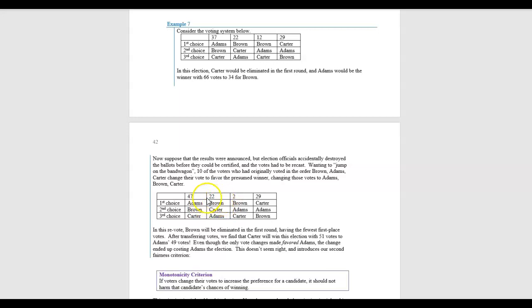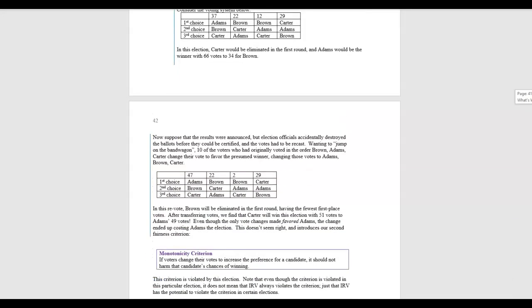And when Brown got eliminated from the process, these 22 votes would go to Carter, and Carter would win the instant runoff. So by changing just 2 people here, and even in preference to Adams, who won the election up here, the other guy, Carter, won. So that's a problem. That's kind of a funky, weird thing that can happen.